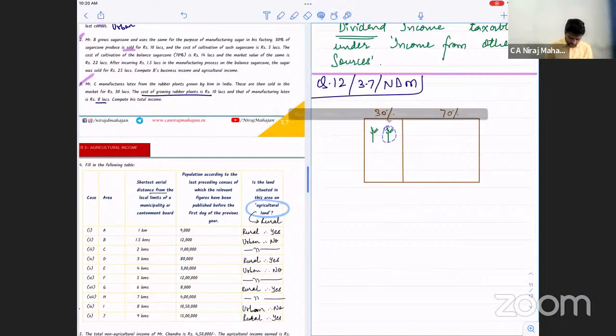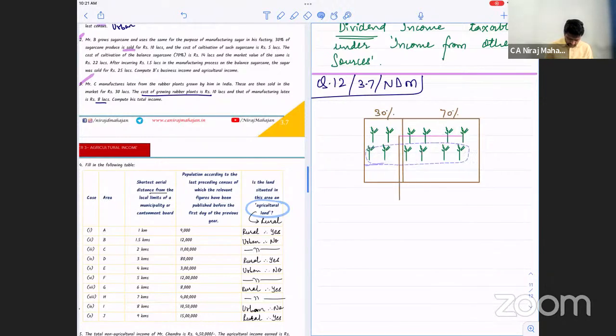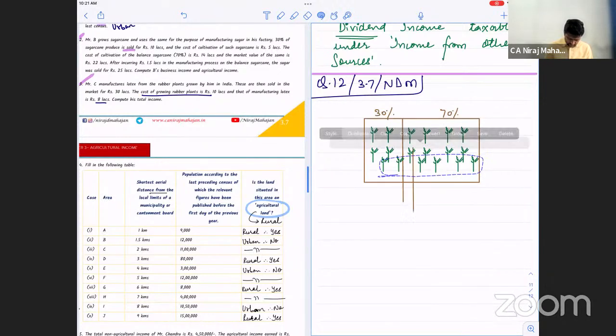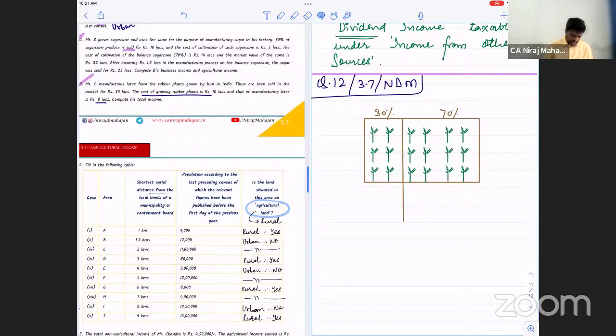We are growing sugarcane only. Now it looks like some land. Okay, everybody, agricultural land. Let's go ahead.